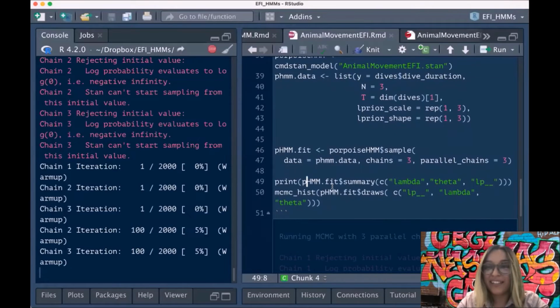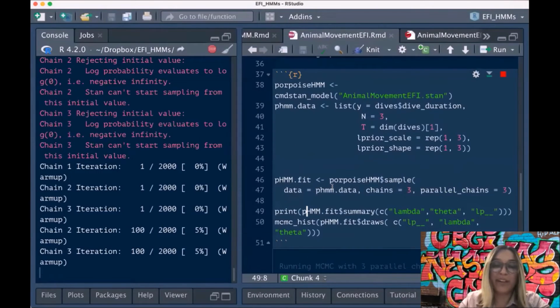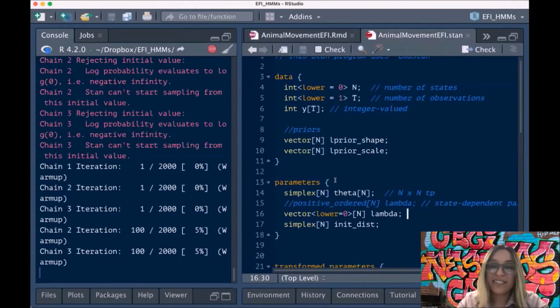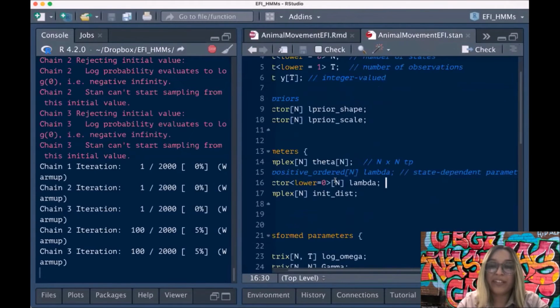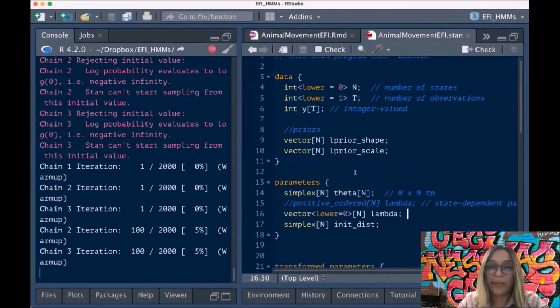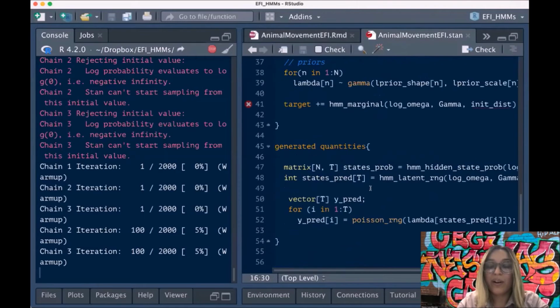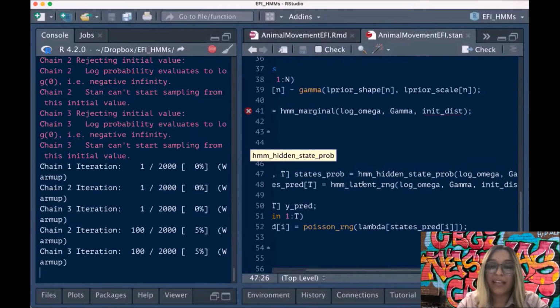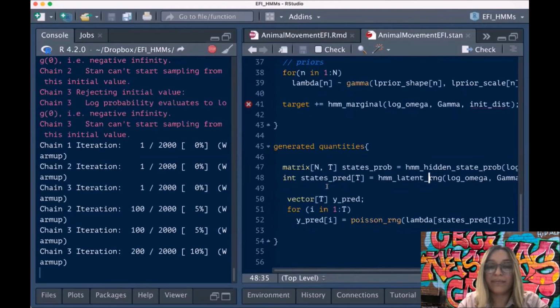But what we're actually getting from this model is we're not only getting posterior samples from our parameters, we're also getting all of these different state probabilities and posterior state sequences. So it's drawing a lot of information.